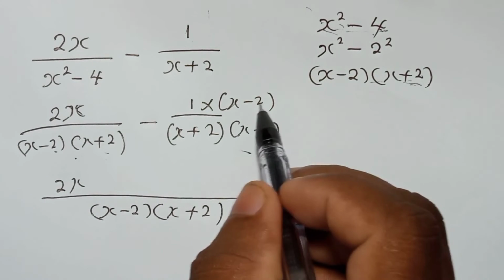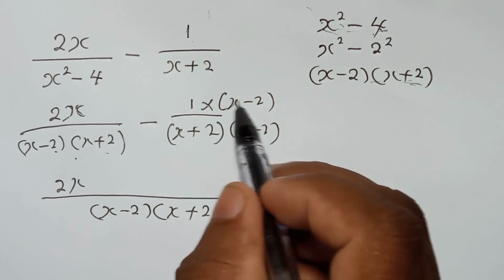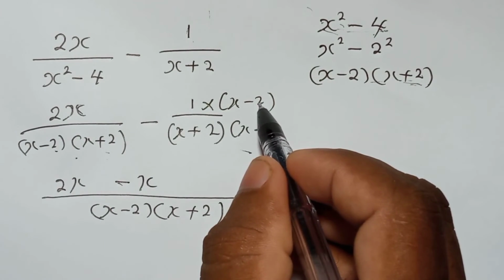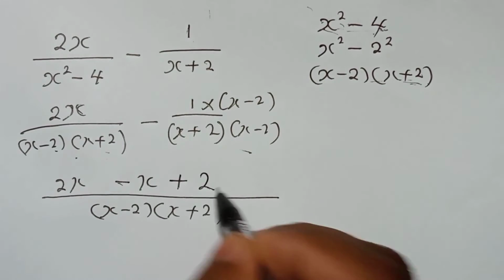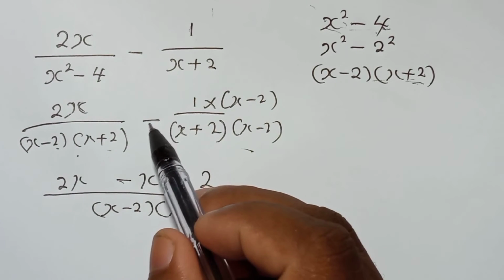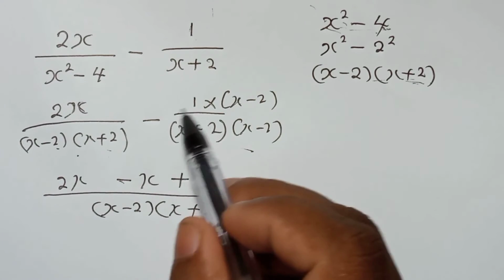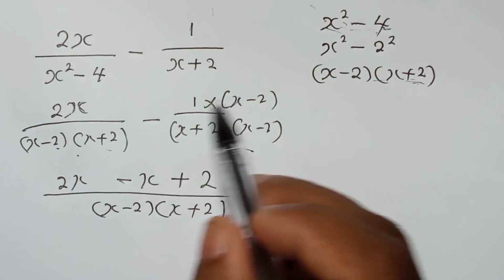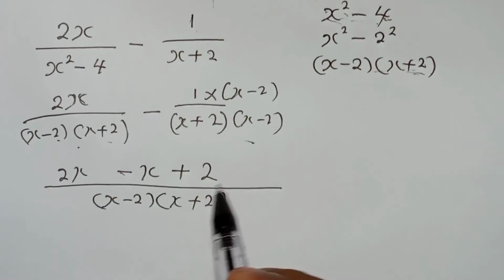Minus 1 into x is minus x. Minus 1 into minus 2 is plus 2. Try to understand this sign; I think it belongs to this one, like minus 1. Minus 1 into x, minus 1 into 2, minus 2.